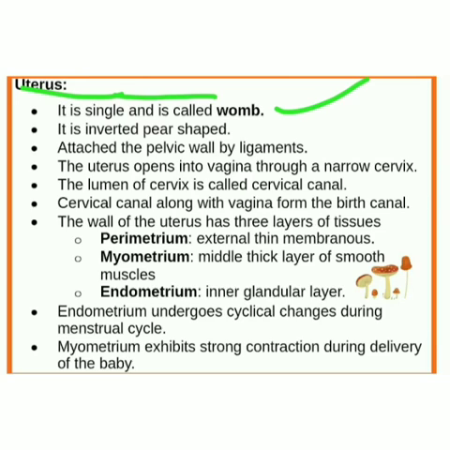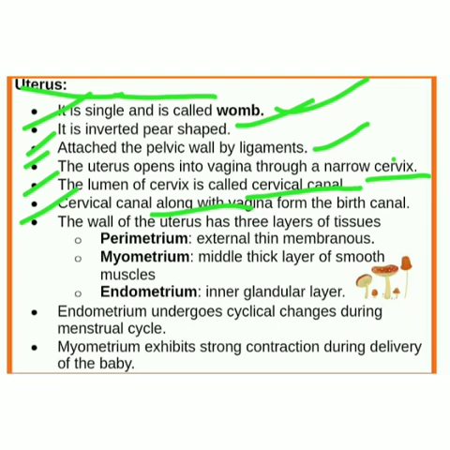It is inverted pear shaped. Next, it is attached to the pelvic wall by ligaments. The uterus opens into the vagina through a narrow cervix. The lumen of the cervix is called cervical canal. Cervical canal along with vagina forms the birth canal.